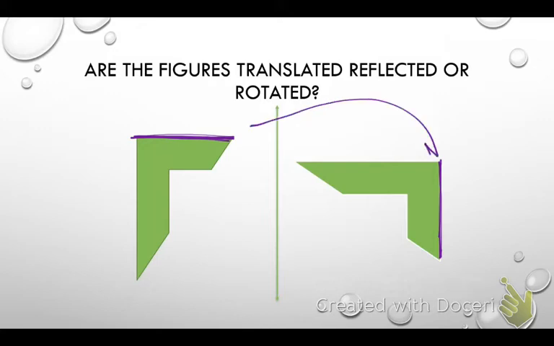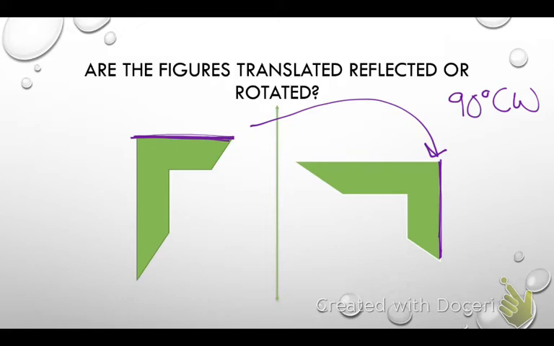One click would get it down to this side. How many clicks would get it down to the bottom? 2 clicks, so that would be 180. How many clicks would make that side over on the left side? 270. So that's how we can determine, and because it goes right, we can say 90 degrees clockwise, and I'm totally fine with you just abbreviating CW.